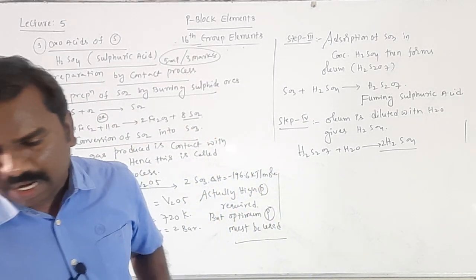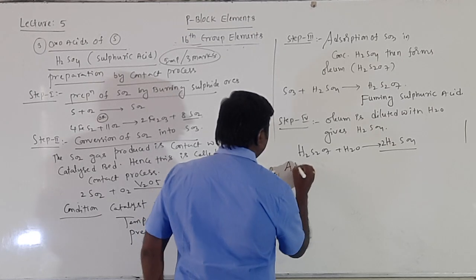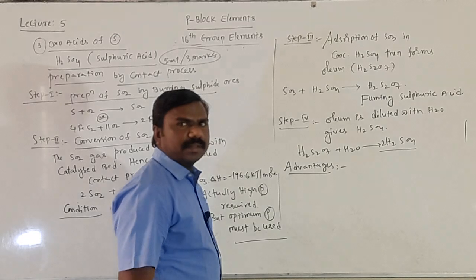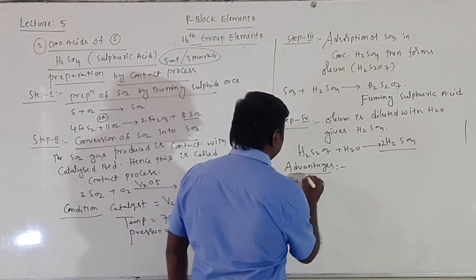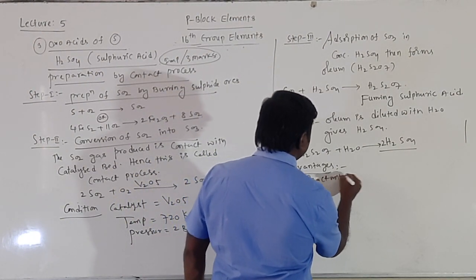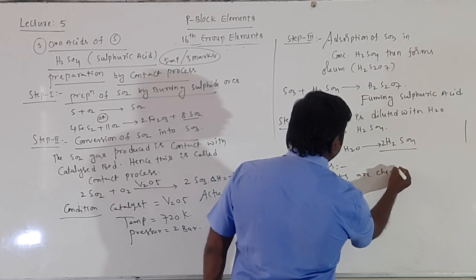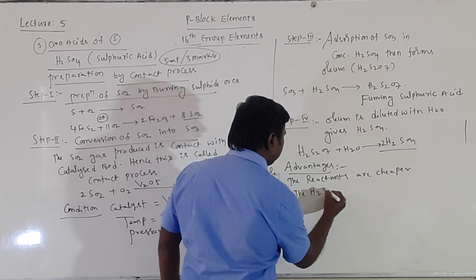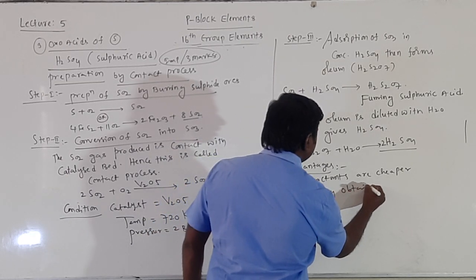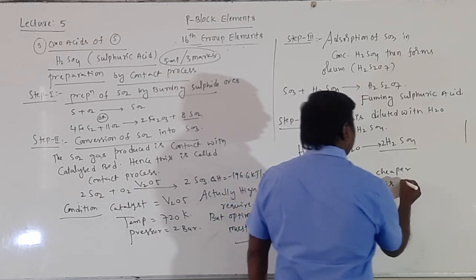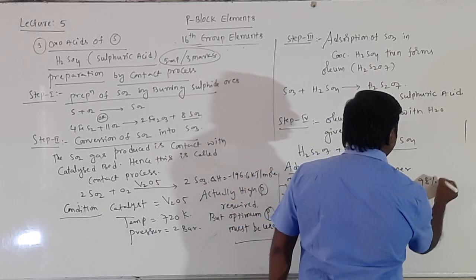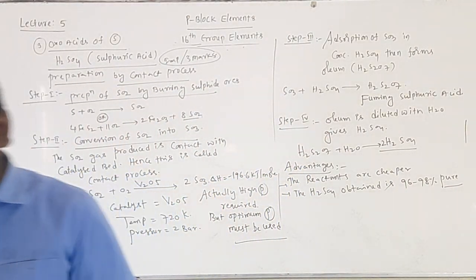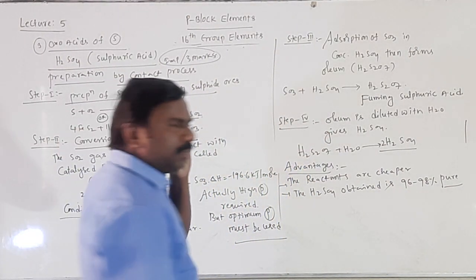That's why, yeah, advantages of contact process. The reactants are cheaper. Next, the H2SO4 obtained is 96 to 98% pure, very pure H2SO4. Gases can be tested if impurities are present.